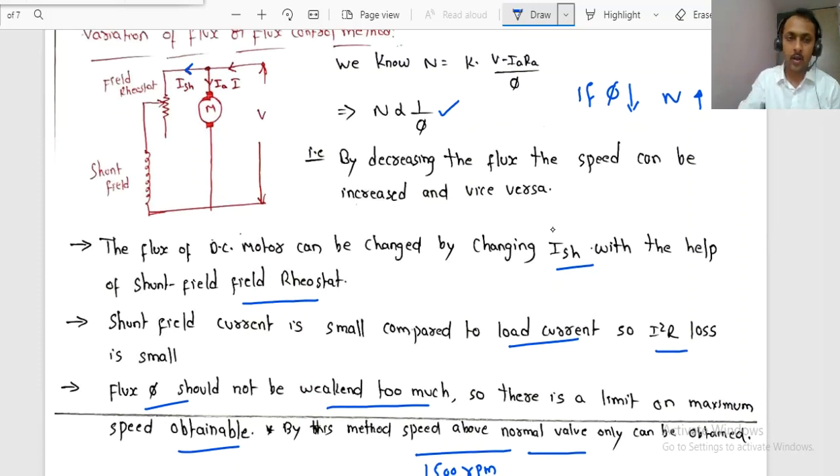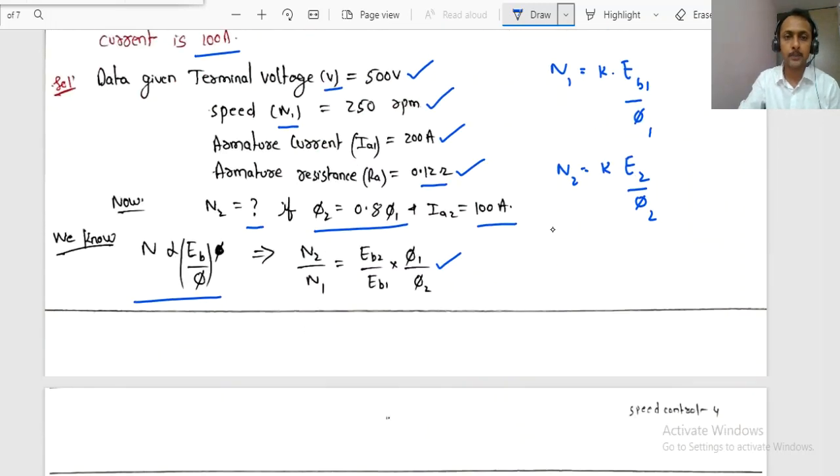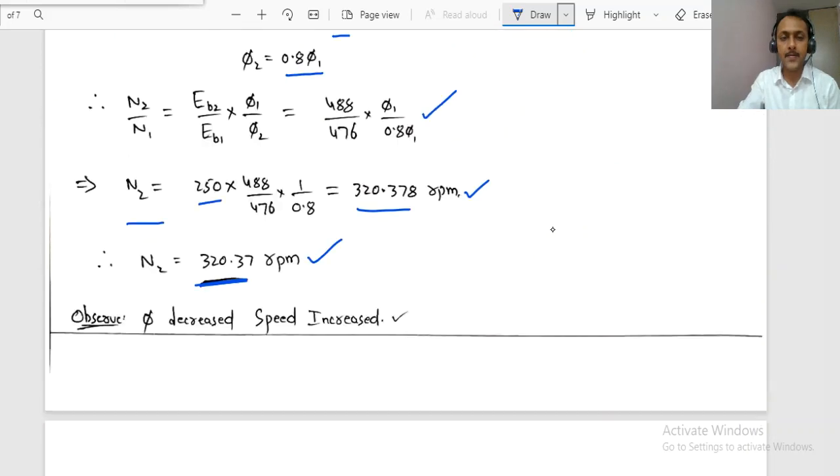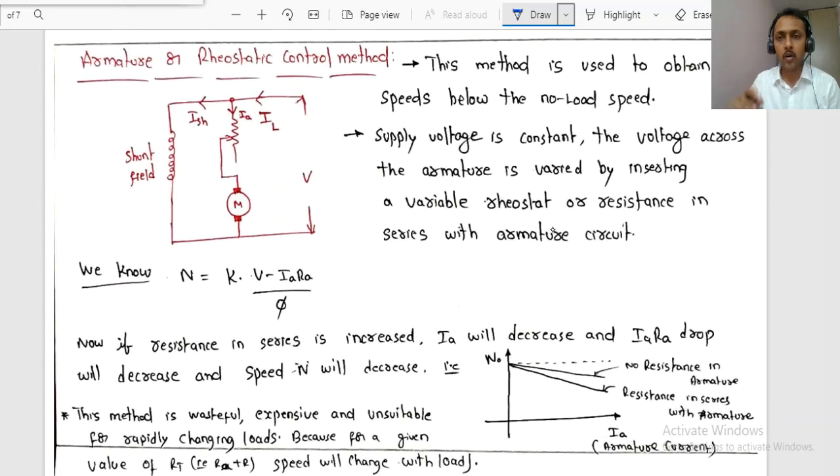Clear? Right. Now the next method of controlling the speed is the armature or rheostat control method. What happens is, observe in this diagram, no rheostat is connected to the shunt field winding. In the lab you can observe Z, and here it will be the armature A, and this is the line, right? Now in series to the armature, a rheostat is connected.